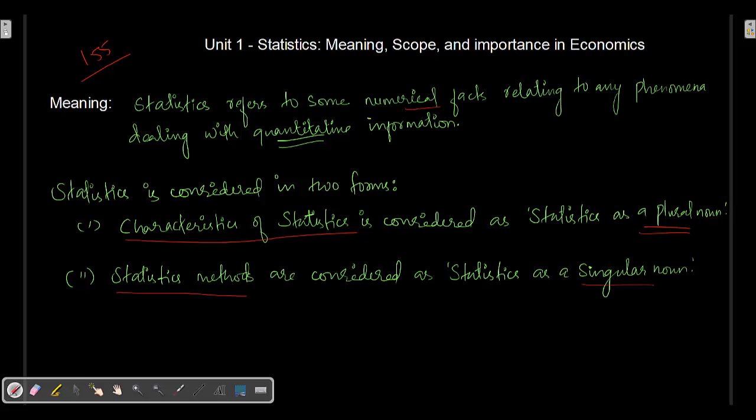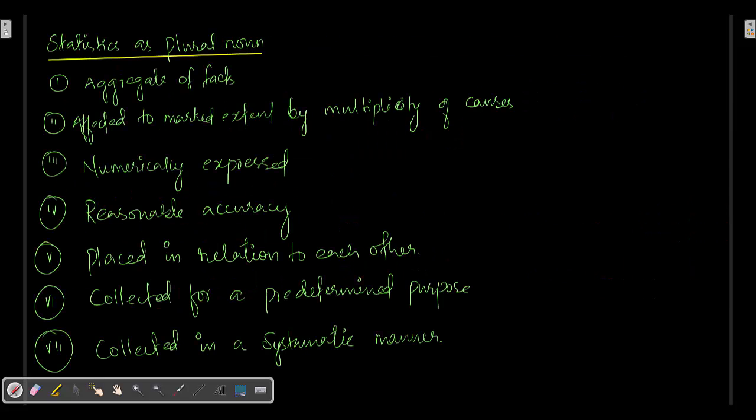Now, in exams, mostly you will be asked to define statistics in plural form or plural sense, I will just write it down here. All right. Now, if you look into the definition, it is given.